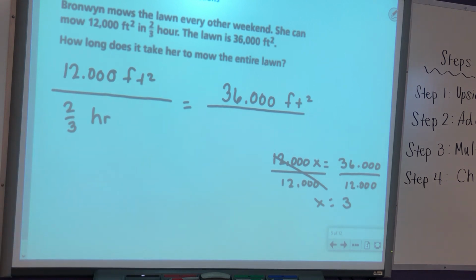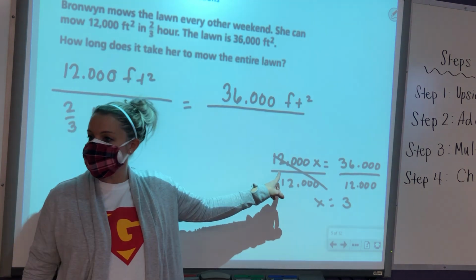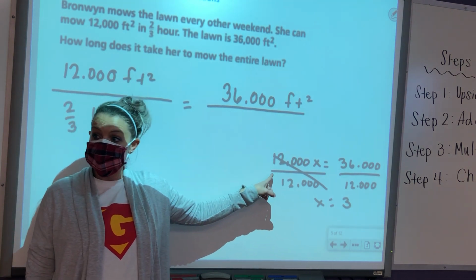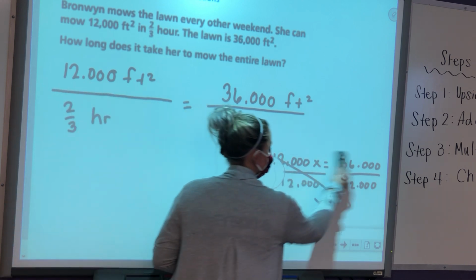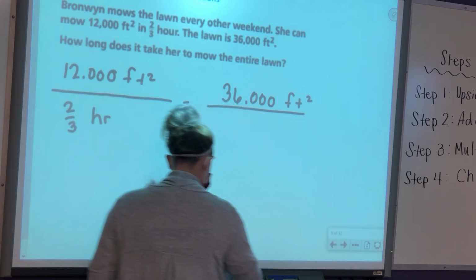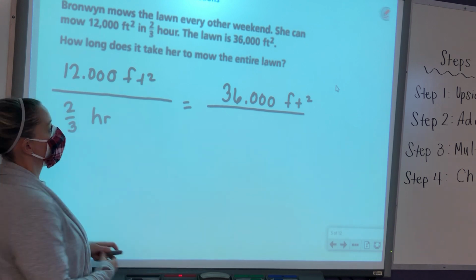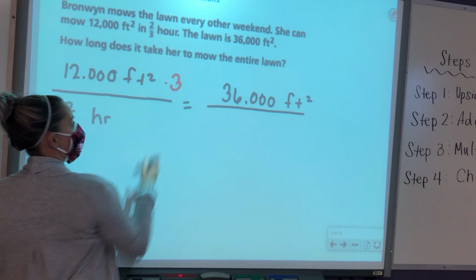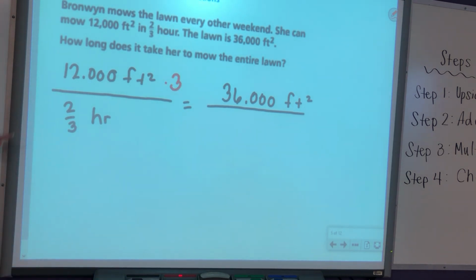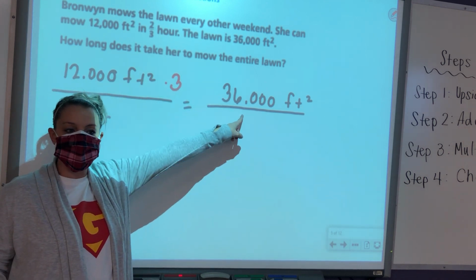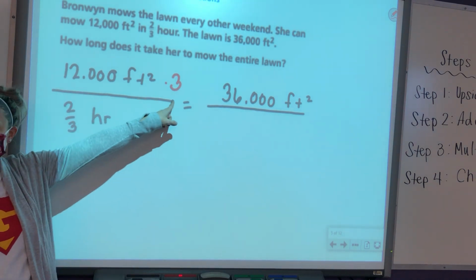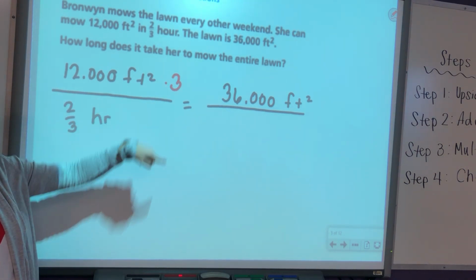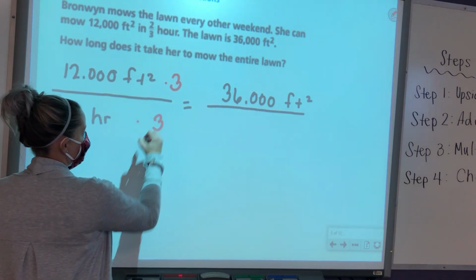If you don't know what that factor is, you know how to solve this one-step equation in your sleep now. So what's our factor? We're going to scale up by 3 because 12,000 times 3 is 36,000. So if I multiply this by 3, I have to multiply the bottom by 3.